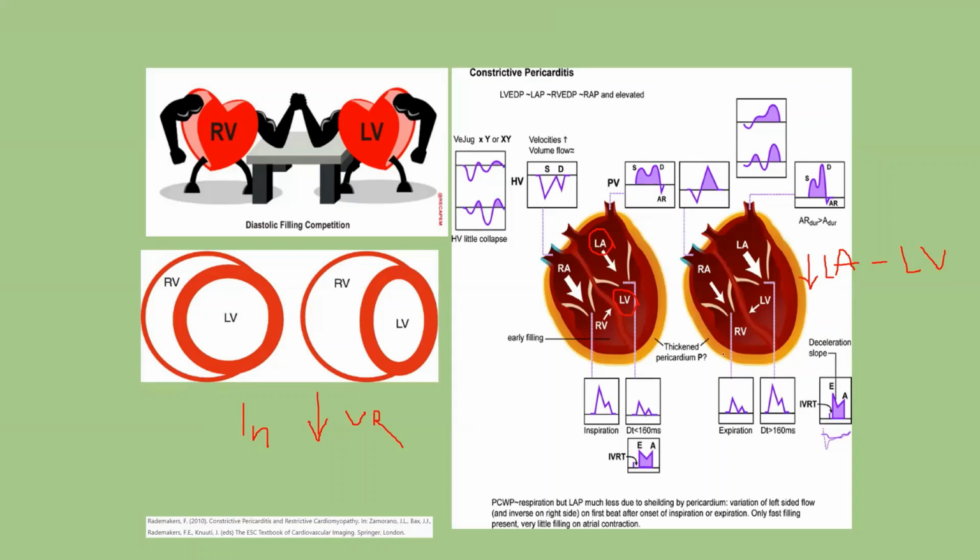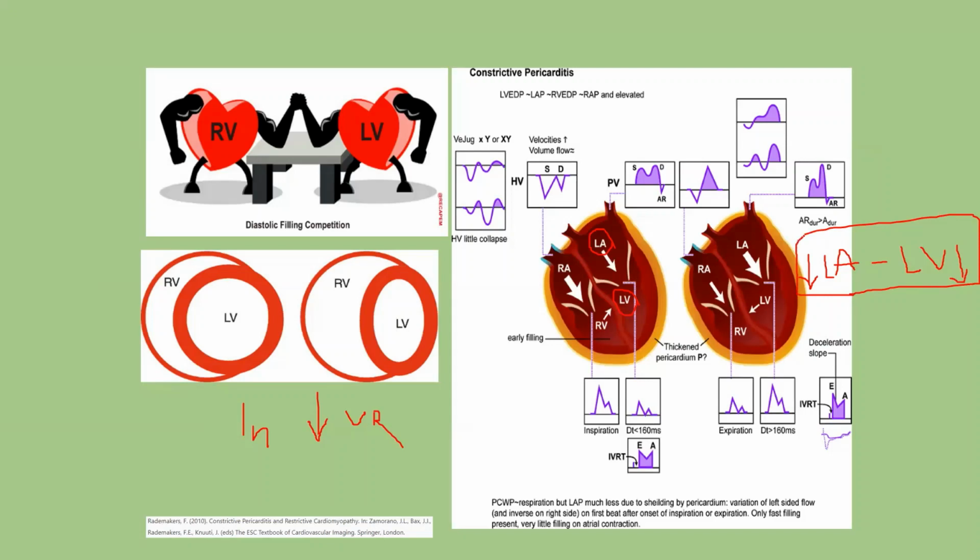But without constrictive pericarditis, usually during inspiration, the LV obeys the thoracic wall pressure swings. So it relaxes better and the LV pressure decreases also. So the gradient remains reasonably maintained.